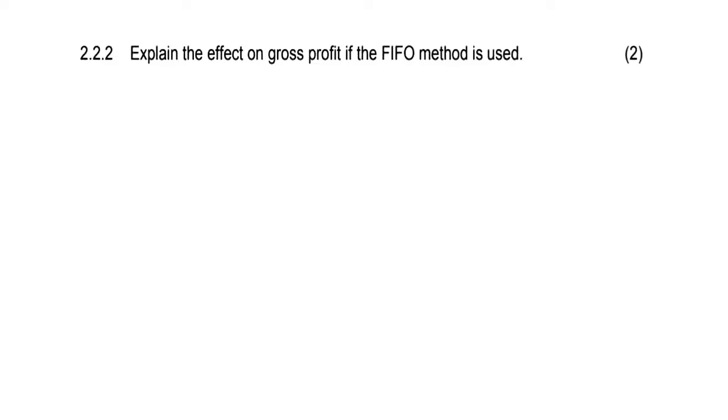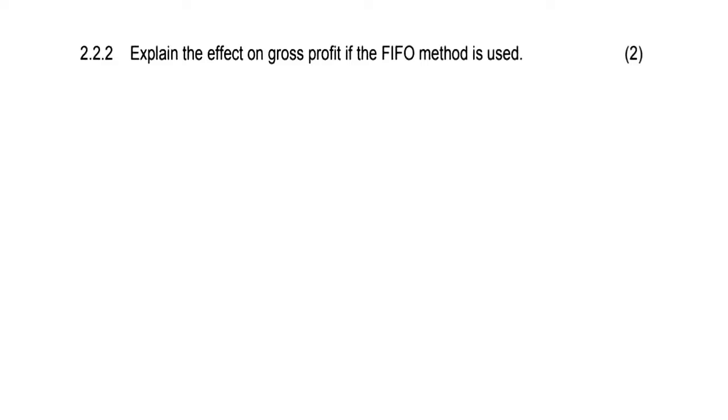2.2.2. Explain the effect on gross profit if the FIFO method is used. Now guys, you need to check, a larger closing stock will result in a smaller cost of sales and hence a greater increase in your what? In your gross profit.